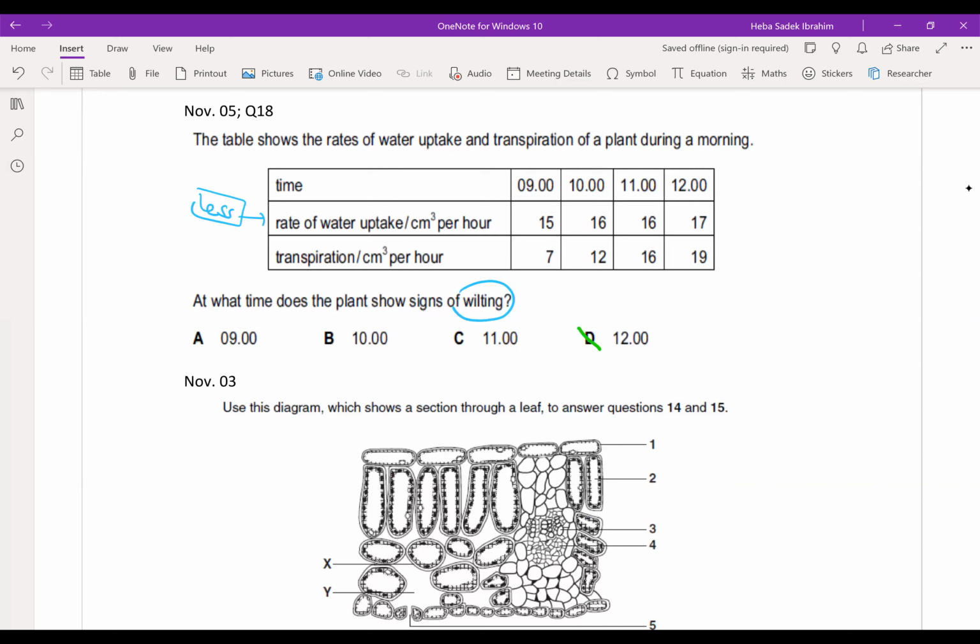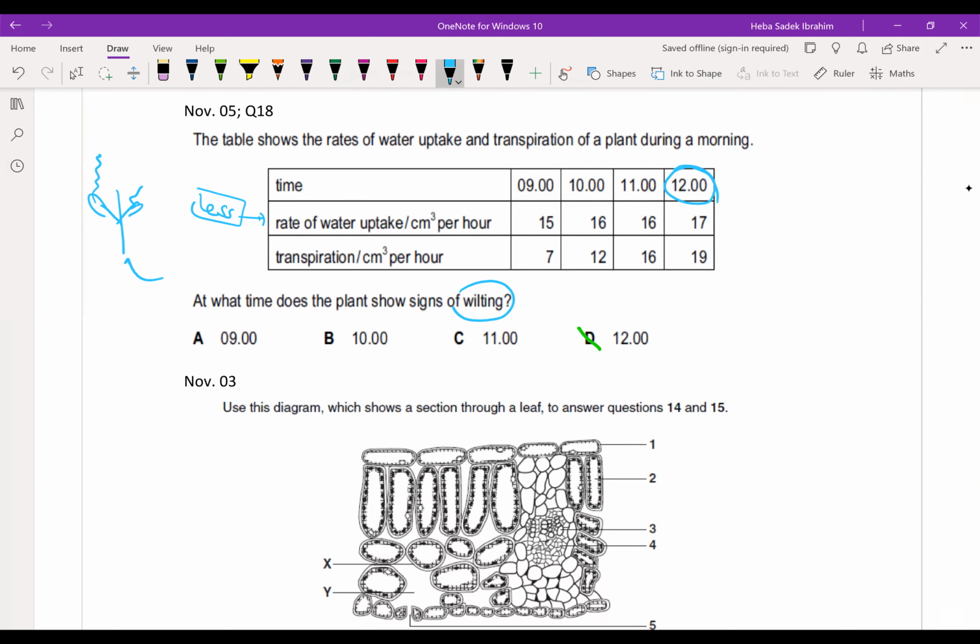So we are going to look for a time when the water coming in from the roots is less than the water being lost from the leaves. Here they're the same. Here water uptake 15 and 16 is more than 7 and 12. The only time when the water uptake is less than the water lost is at 12 noon.